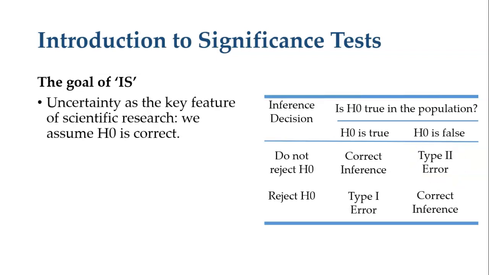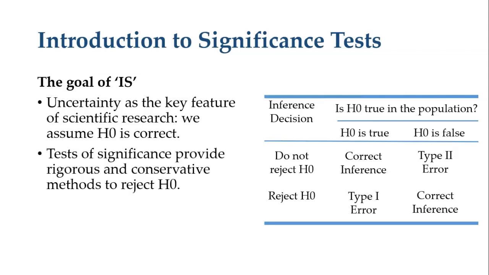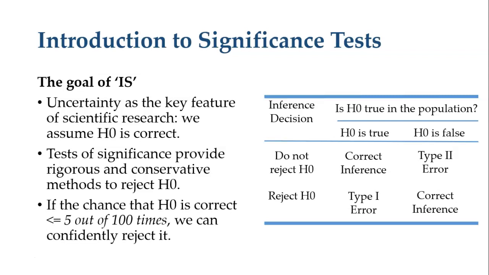So how do we avoid making those errors, type 1 error and type 2 error? The way we do it is that we assume that hypothesis 0, or the null hypothesis, is correct. We embrace uncertainty, and what we want to do is to use a high, very rigorous threshold to reject the null hypothesis.